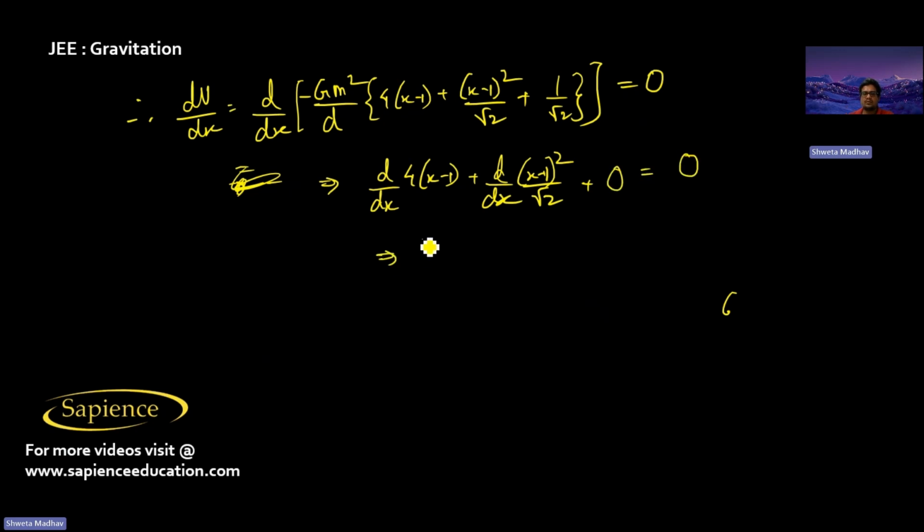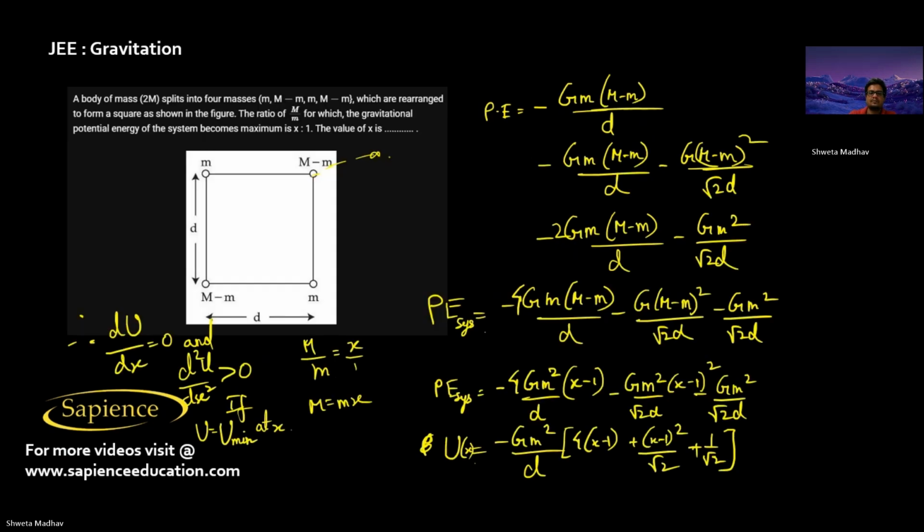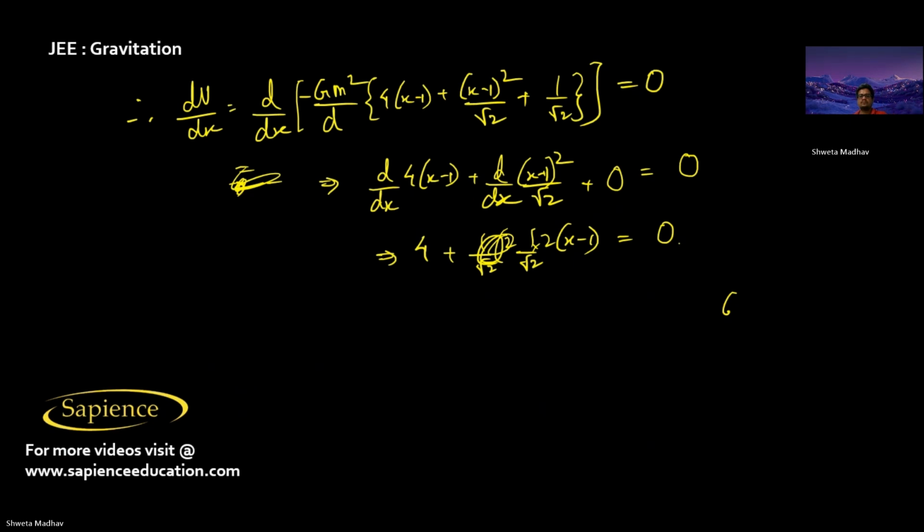So this will be 4 plus 1 by root 2 into 2 into (x minus 1) equal to 0. Therefore, I can say root 2 into (x minus 1) should be equal to minus 1.